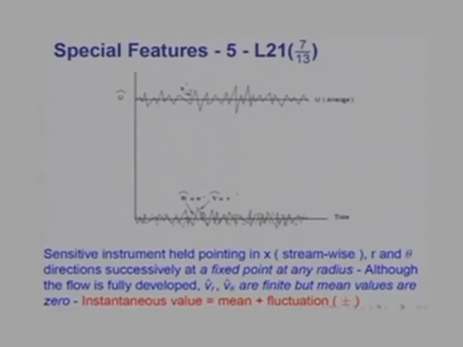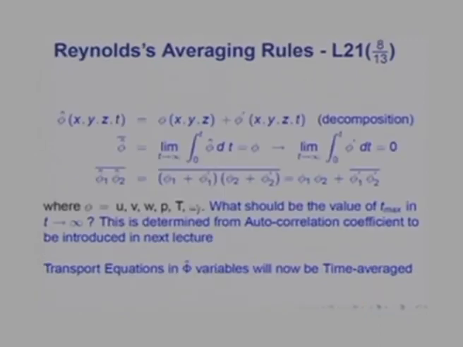What this figure shows, however, is that an instantaneous value is always mean plus a fluctuation, and the fluctuation may be positive or negative. This is precisely what was done by Osborne Reynolds when he proposed his decomposition, which is shown here: the instantaneous value of phi, where phi may be anything, velocity u, v, w, pressure, temperature, mass fraction, does not matter what.